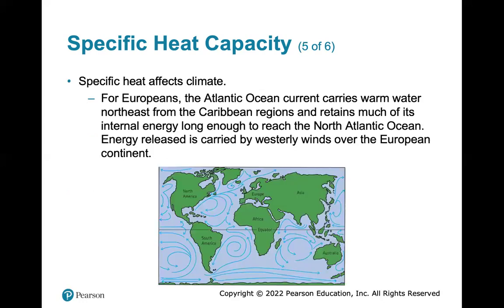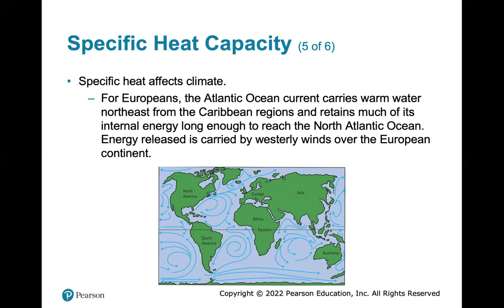Okay, the specific heat affects climate. For Europeans, the Atlantic Ocean current carries warm water northeast from the Caribbean regions and retains much of its internal energy long enough to reach the North Atlantic Ocean. Energy release is carried by westerly winds over the European continent. And we'll see that if you read the text, it affects the west coast.